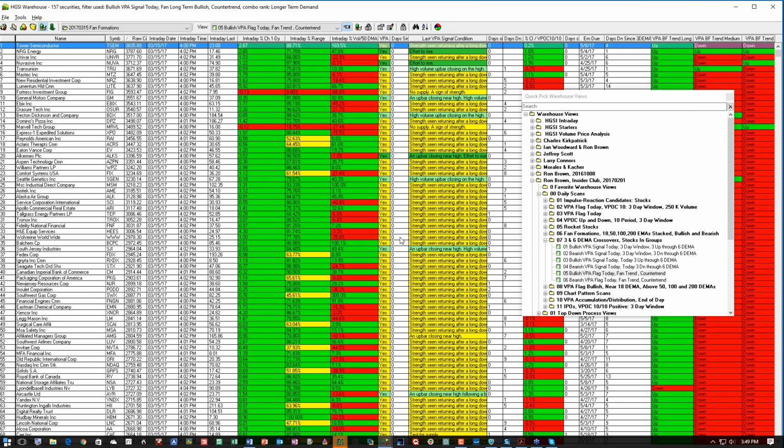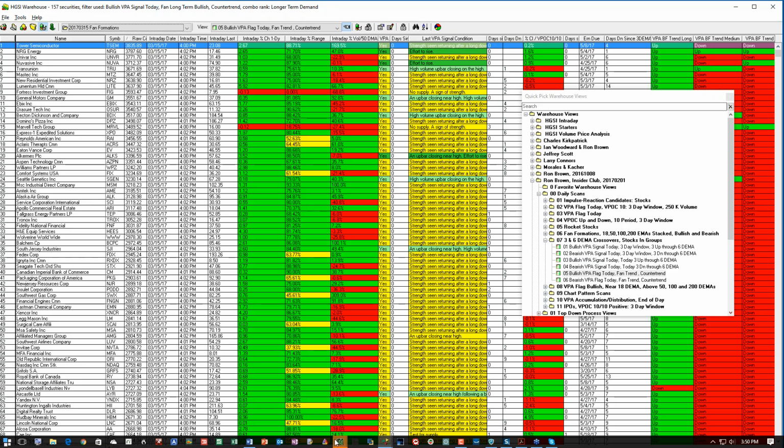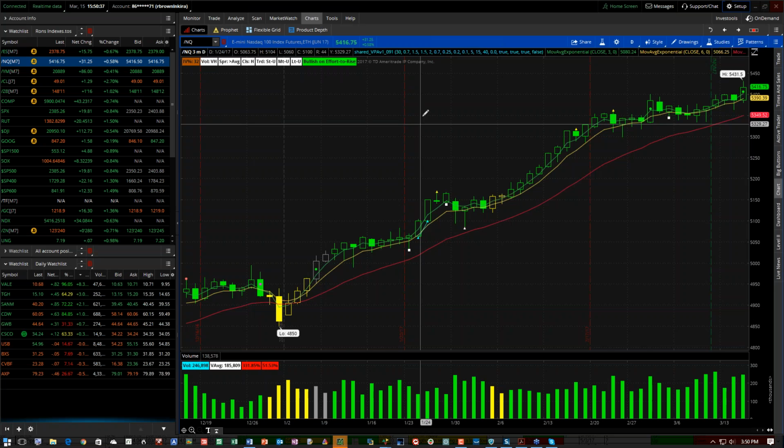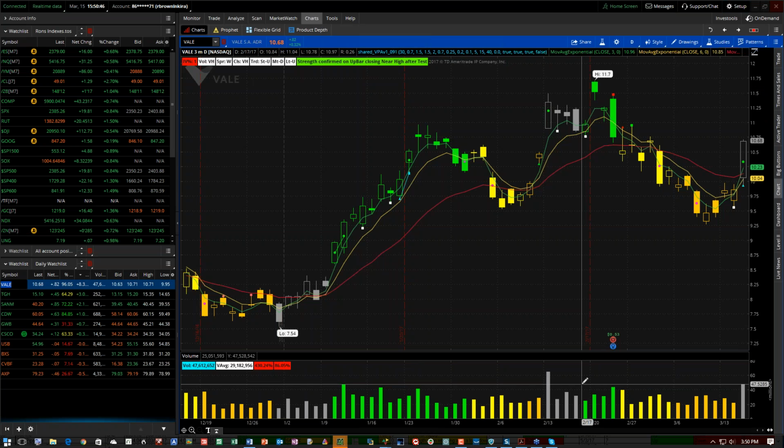Okay, so let's just take a look at some stocks that I put in. Well, actually, let me just bring up Thinkorswim here. It's easier. This is a list of stocks that I put in my list this morning for counter trend stocks.